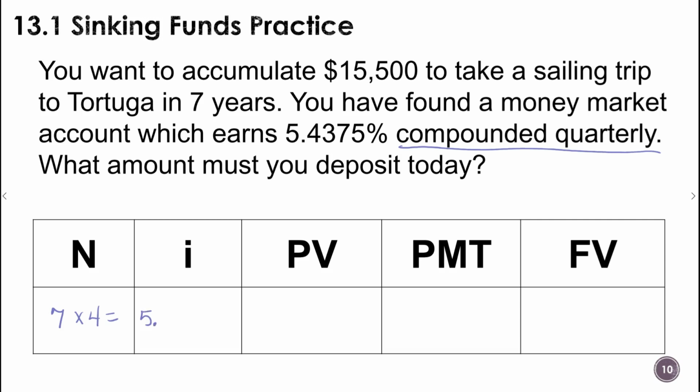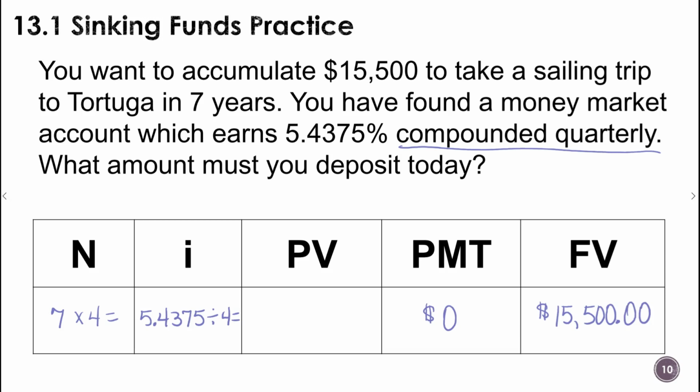It's 5.4375 divided by 4 equals, don't forget the equals before you enter. We have a 0 payment. We're only just going to make a one-time deposit. We are trying to accumulate $15,500 at the end of the 7 years.